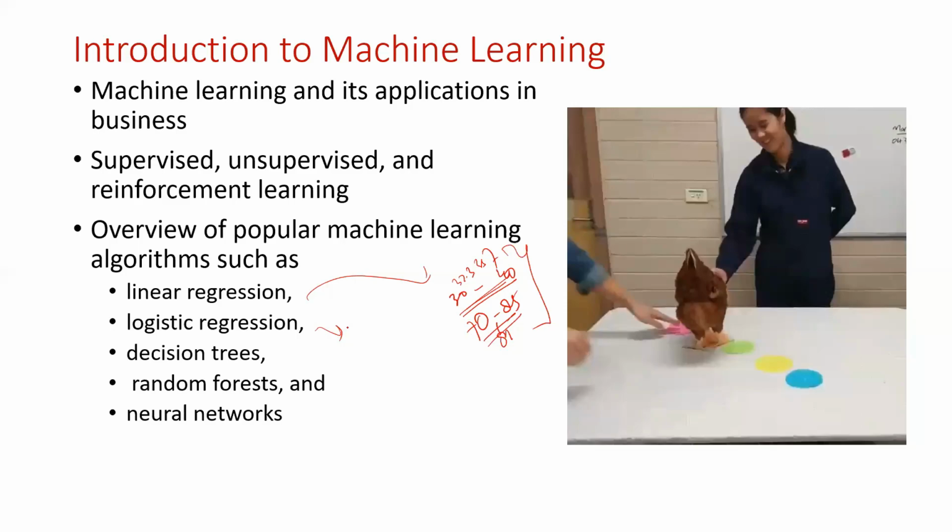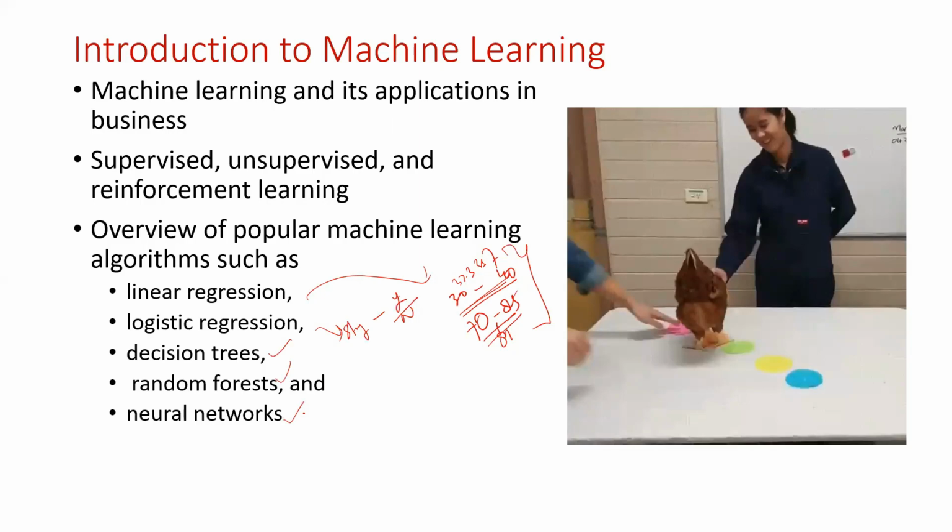For example, will Satya come to office tomorrow or not? Yes or no. So it would be either yes or no, right? The name is regression, but this is a classification problem. Similarly, decision trees, random forest, and neural networks are all different types of machine learning techniques.